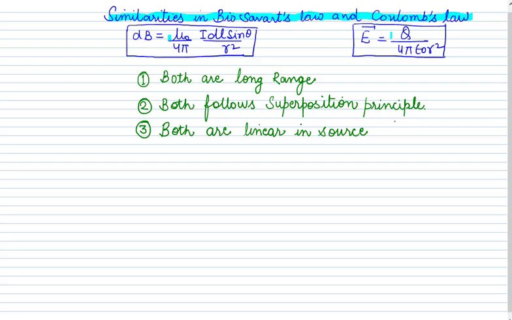What does it mean? If you have an electric field, it is due to electric charge, and if you have a magnetic field, then it is due to a current carrying element.